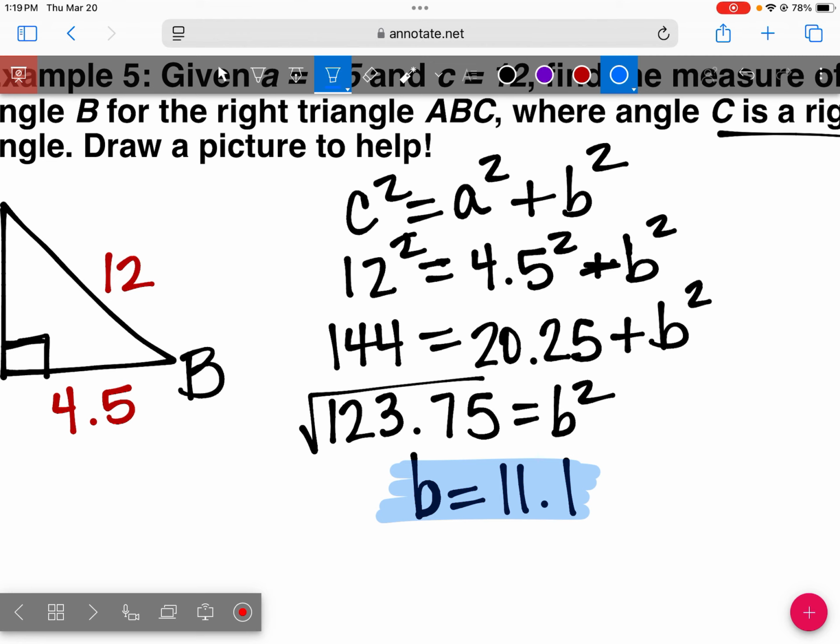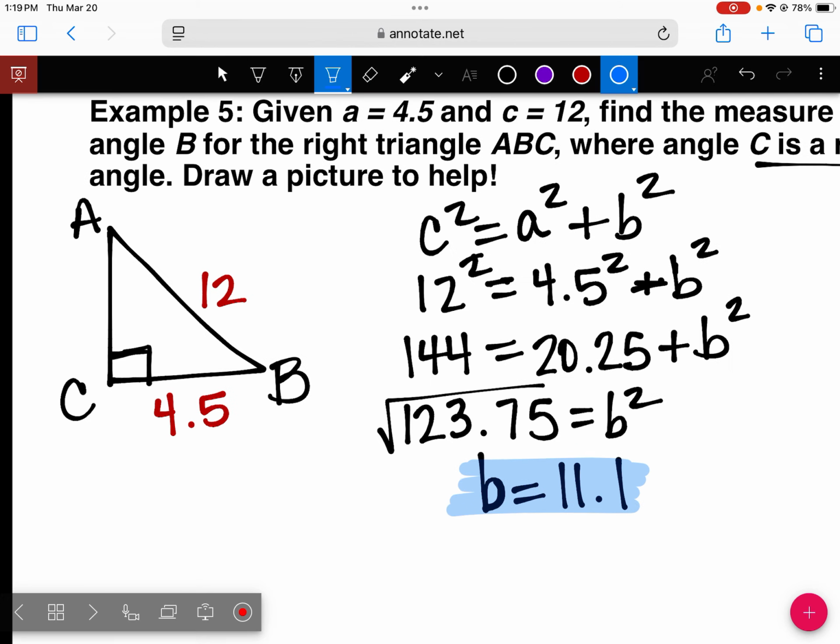So that would be between A and C. But I'm not going to put that on my diagram. I'm going to leave that off to the side. So now we're going to find angle A. So angle A, if this is the angle I'm trying to find right here, what is the 4.5? Is that opposite, adjacent, or the hypotenuse?